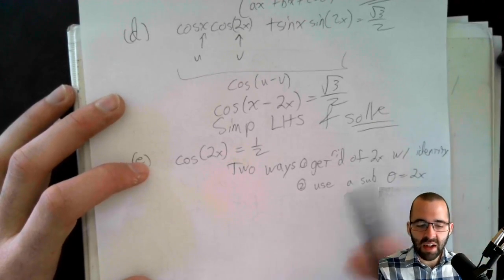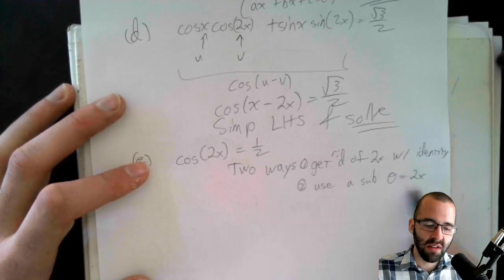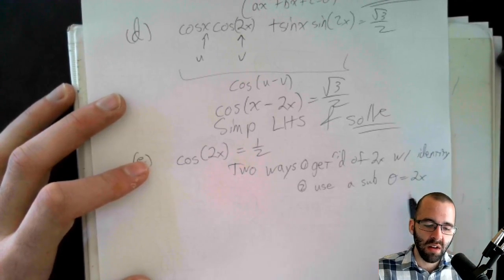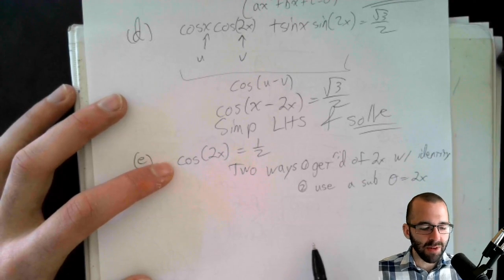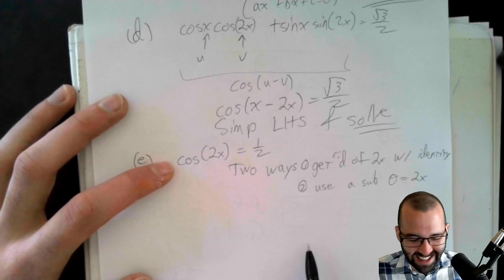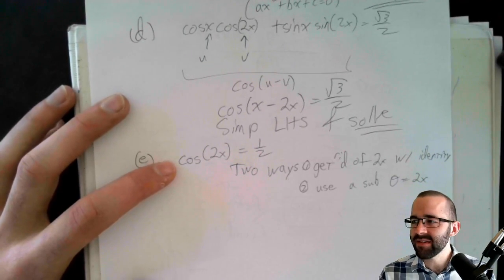I think the second way is a lot harder and a little bit more confusing. So let's just solve it the first way. Actually, they're both hard and confusing. So let's just talk about how you would approach this.